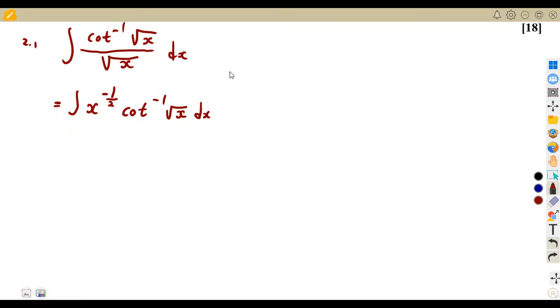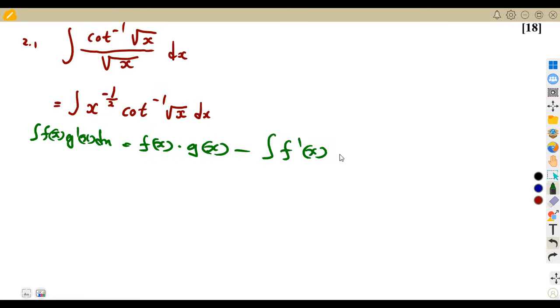So now we can think of our by parts formula. Also, you're given this in the formula sheet. It states that the integral of f of x by g prime x dx is equal to f of x by g of x minus the integral of f prime x by g of x dx.